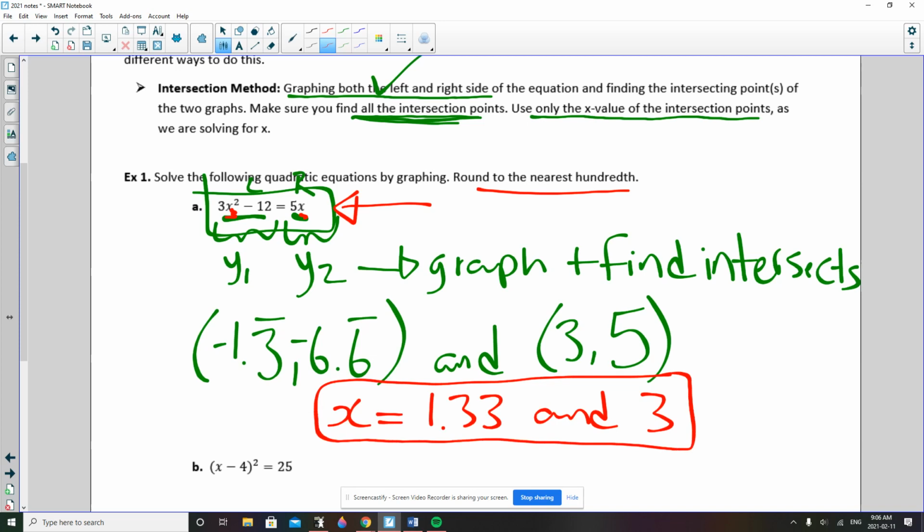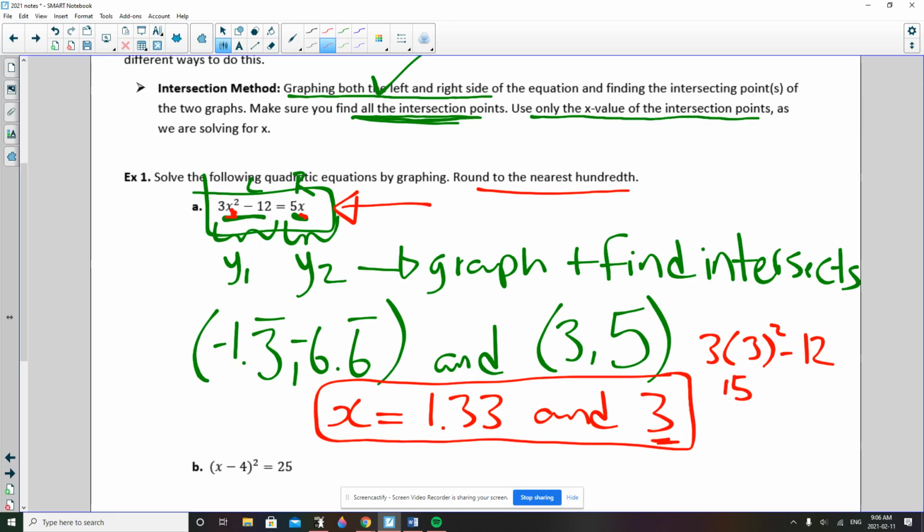Now I could go verify that answer if I'm unsure if I did that right. What I do is I take this and substitute it back into the equation, and I want to see if the left side is equal to the right side. So I would go 3 times 3 squared minus 12, if I can throw that in my calculator, or that's 27 minus 12, which is 15.